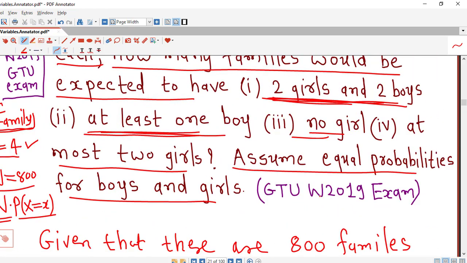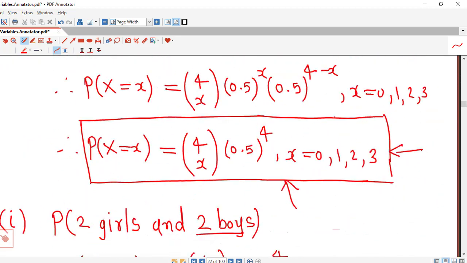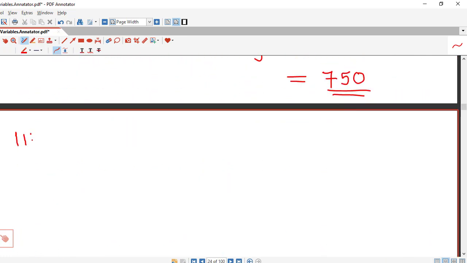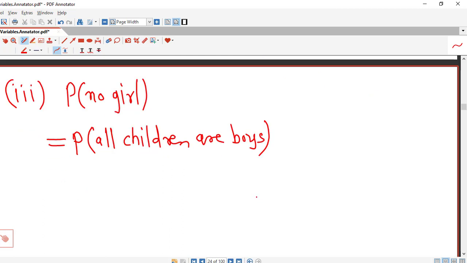Now we consider the third part. In the third part, we are asked to find out the number of families expected to have no girl. So first we find out the probability of no girl in a single family. So the probability that a family has no girl means that all children are boys, and there are 4 children, so this is equivalent to the event that all the children are boys.